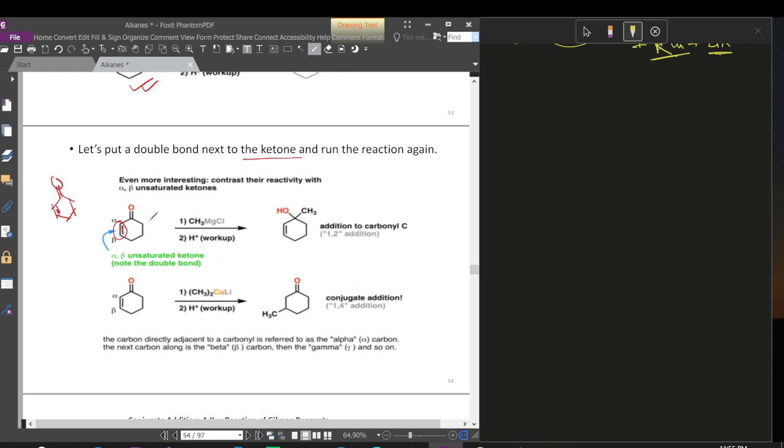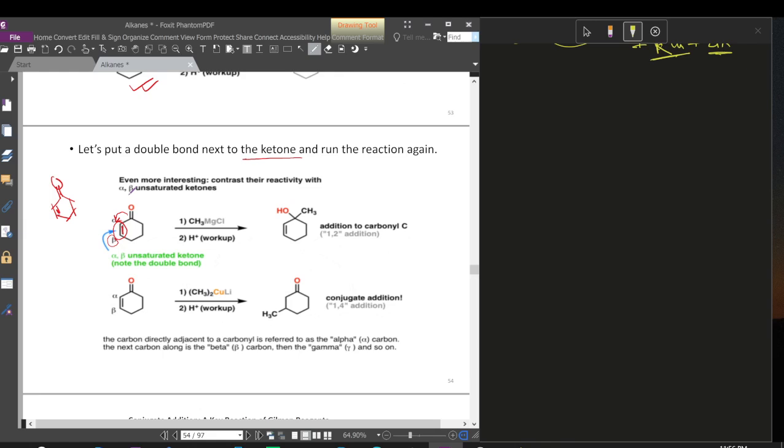So here you see our carbonyl group C=O, and the carbon attached to the carbonyl group, we call it the alpha carbon. The carbon attached to the alpha carbon is called the beta carbon. So here this alpha beta carbon is unsaturated, because there is a double bond now, but before there was not a double bond. That's why before, the alpha carbon and beta carbon were saturated, but here the alpha and beta carbon are not saturated because of the double bond now.